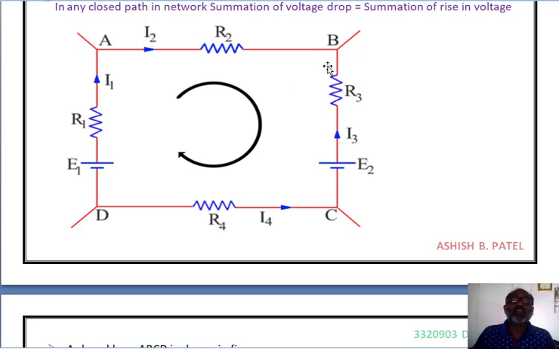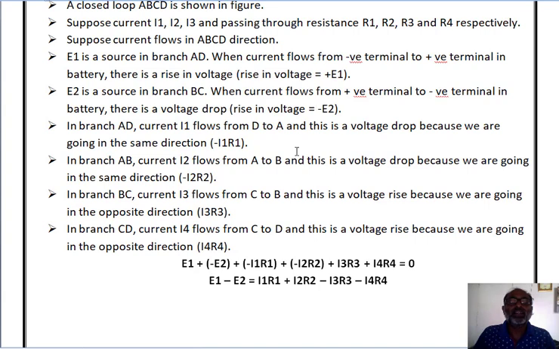Now in branch BC, current I3 is flowing through resistance R3, but you can see the direction of current I3 and the loop current are in opposite directions. So we can take it as a voltage rise. That means plus I3 R3.